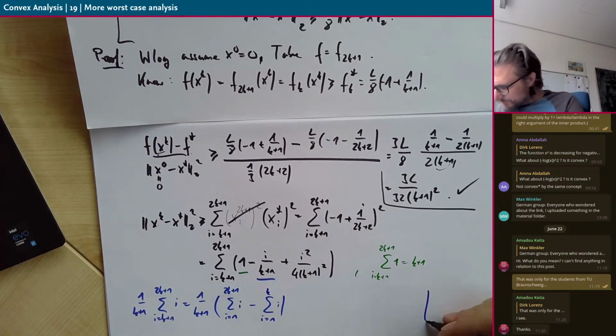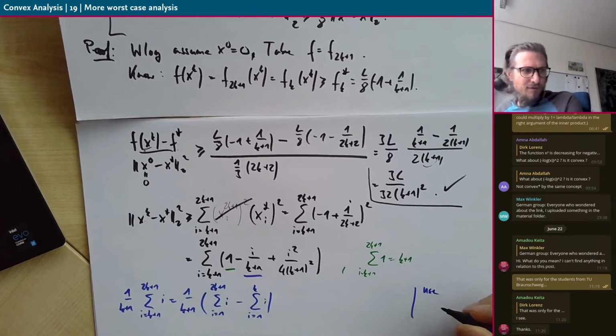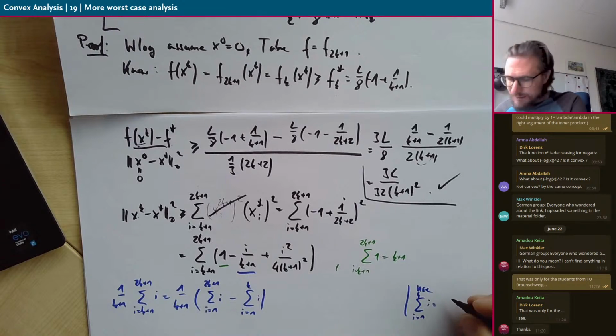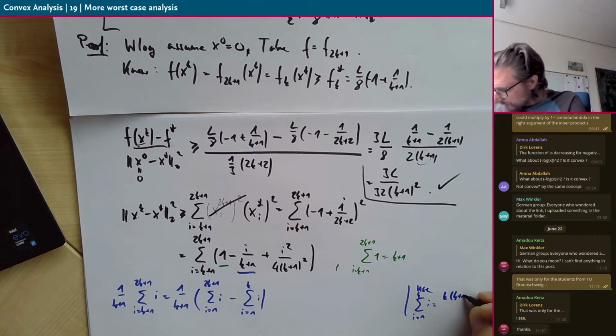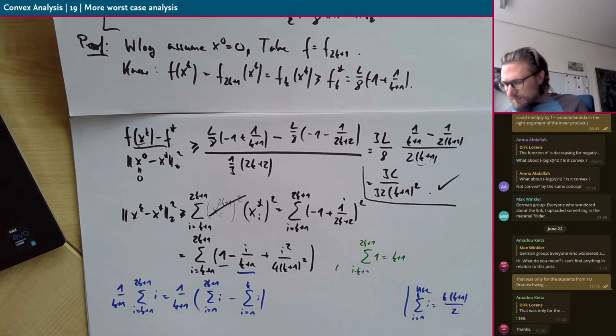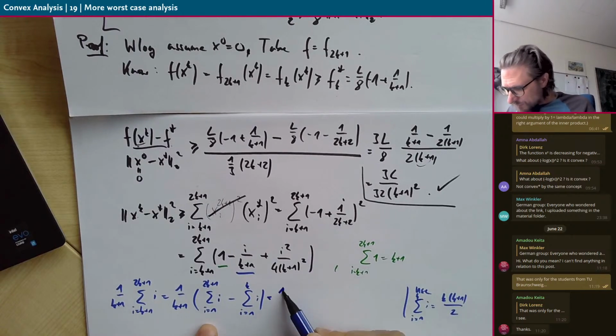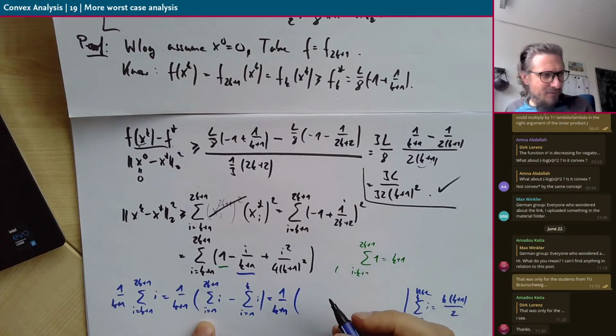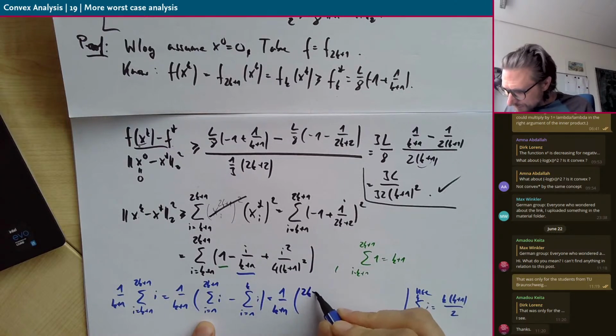And then we're going to use the famous identity that the sum over i from 1 to k is k times k plus 1 over 2. Use it in both cases here, and we get 1 over k plus 1 from there. And then here, this is that with 2k plus 1 instead of k, and we will get 2k plus 1 times 2k plus 2 over 2.